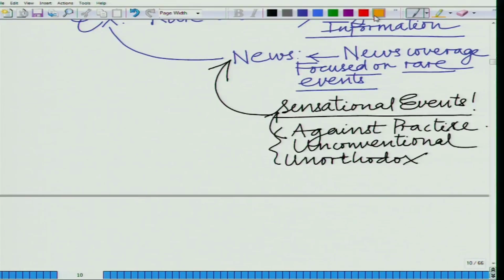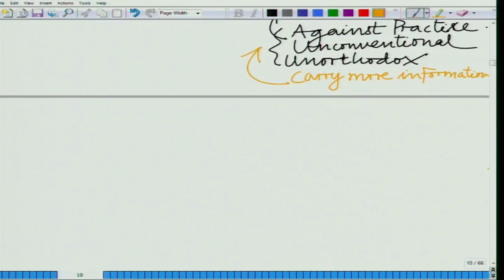All these basically carry more information and warrant attention, or, so as to speak colloquially, make our heads turn because they seem to carry a lot of information.